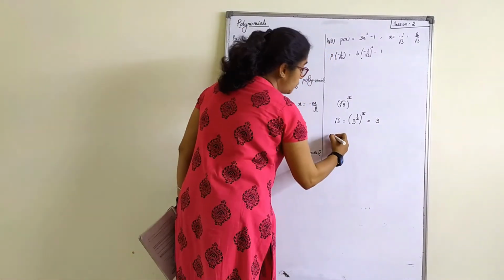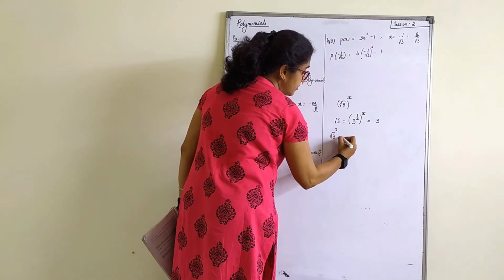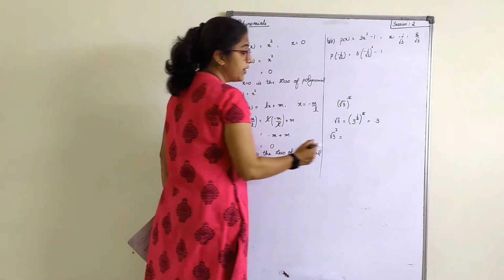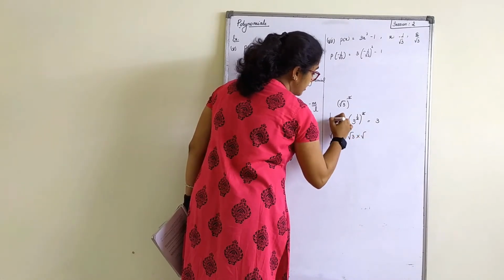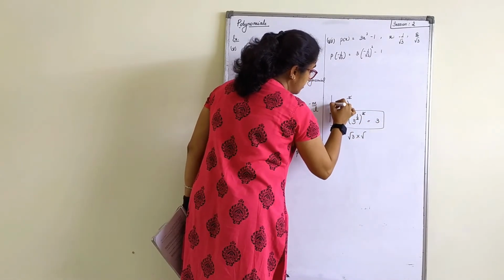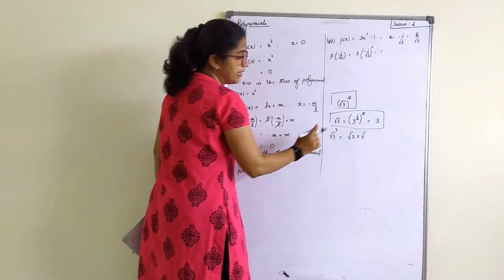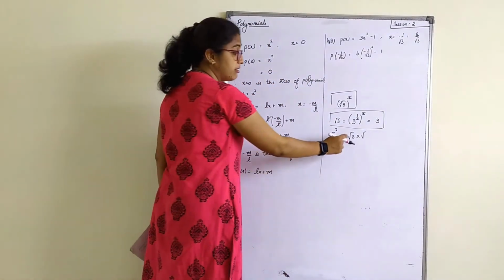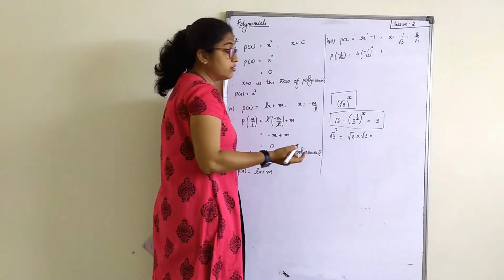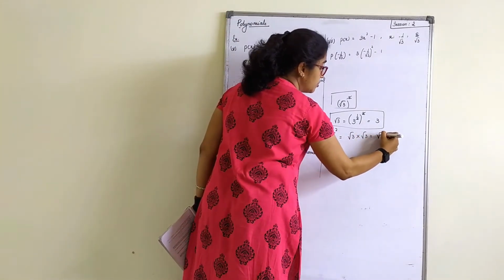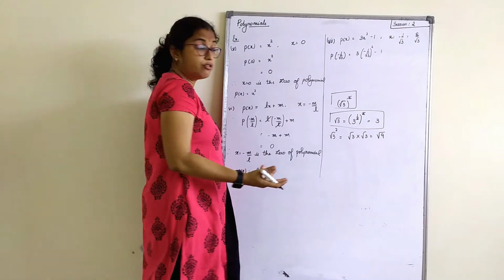Otherwise, root 3 square is there, right? So root 3 square, how do you write? Root 3 into root 3. This is one way I have taught you. Next one, root 3 square is nothing but root 3 into root 3. So what is root 3 into root 3? It is root 9. What is the square root of 9?